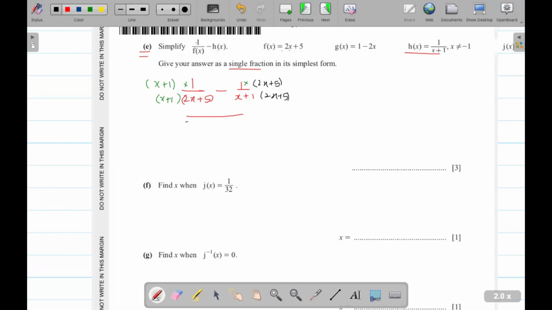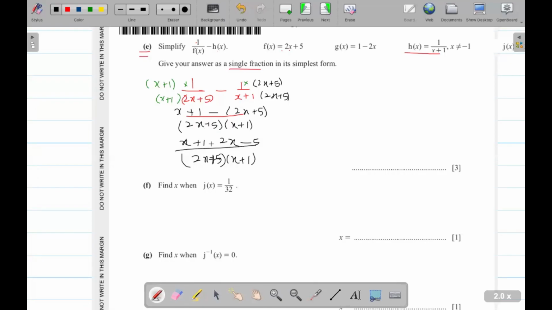Look here, the denominators of both fractions become the same. Therefore, we can subtract. The numerator value is x plus 1 minus (2x plus 5), and this will be equal to x plus 1 minus 2x minus 5 over (2x plus 5) into (x plus 1).